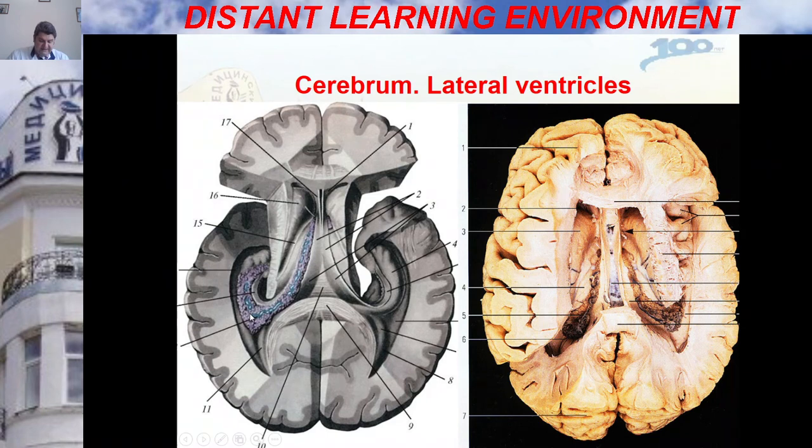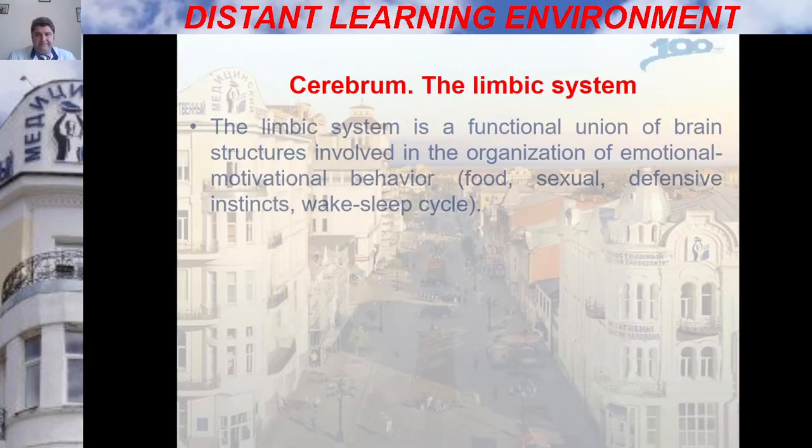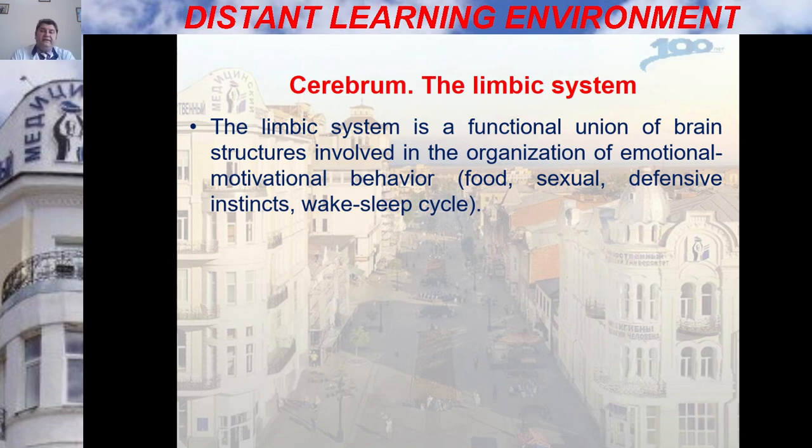The plexus is covered by epithelium, which is a rudiment of the undeveloped medial wall of the ventricle. The choroid plexus of the lateral ventricle is the lateral margin of the tela choroidea of the third ventricle, and it produces the liquor, or cerebral fluid.